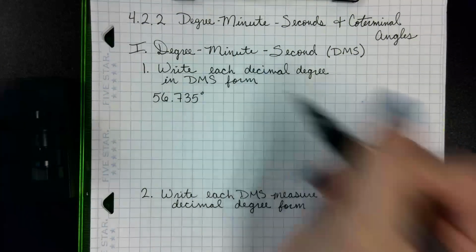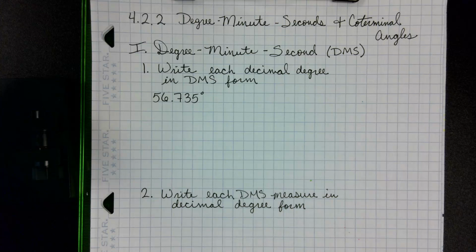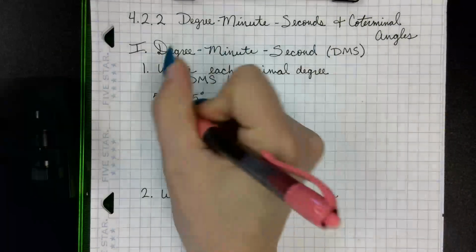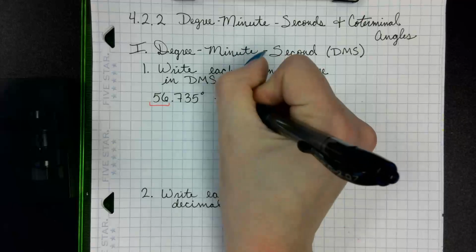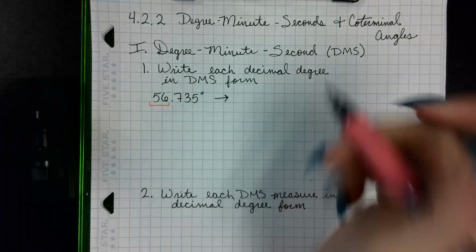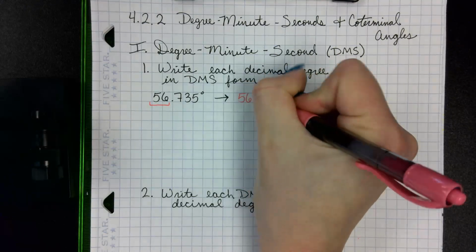All right, so we take this and we want to split it into degrees, minutes, and seconds. What we're going to do is take the degree, the whole number part, and call that the degree. So I'm going to take the 56, and I'm going to call that the degrees.